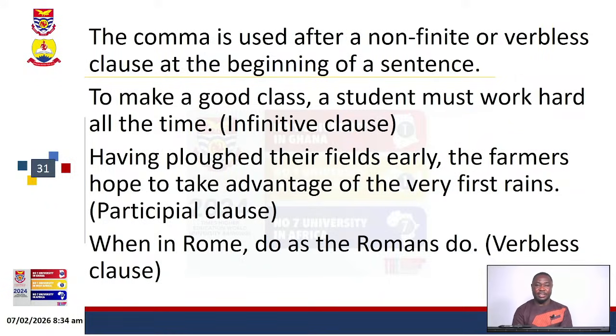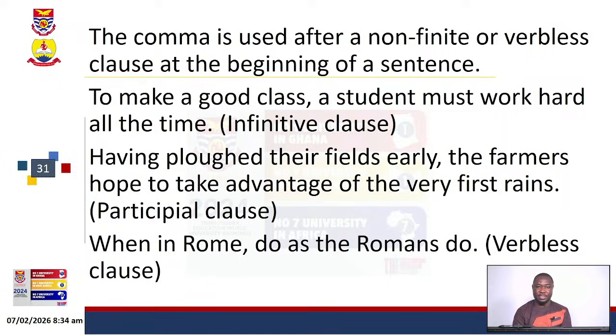Infinitive. Then you have another one. Having plowed their fields early, the farmers hope to take advantage of the very first rains. Having plowed their fields early is an example of a participial non-finite clause.